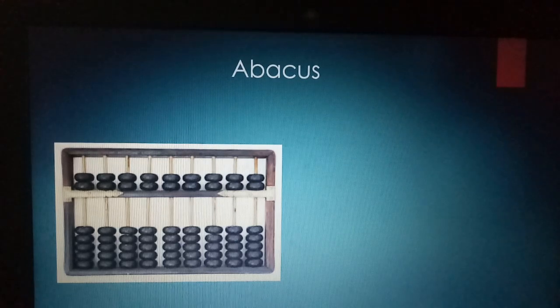These are known as bits or discs. The upper part, the heaven, has 2 bits on each rod. The value of each bit in heaven is 5.